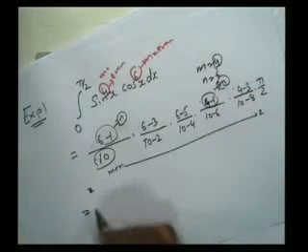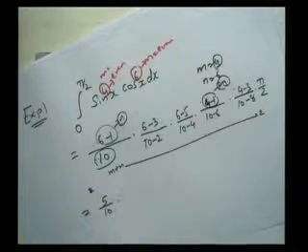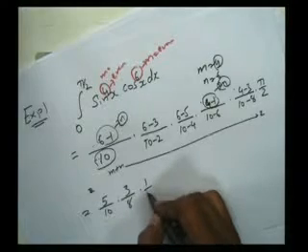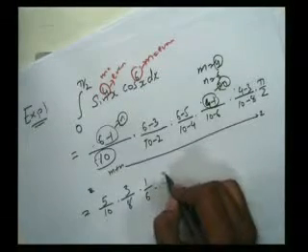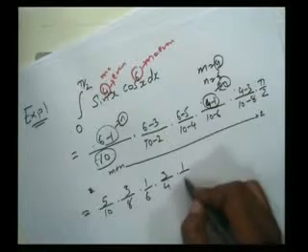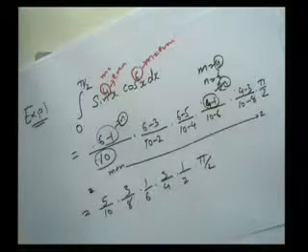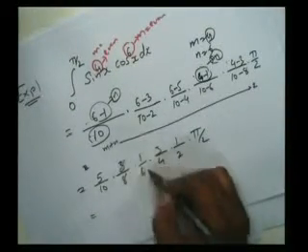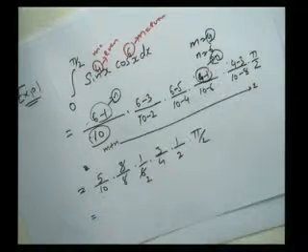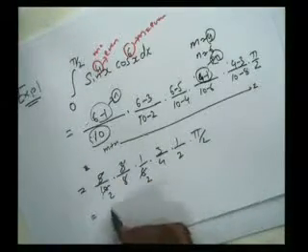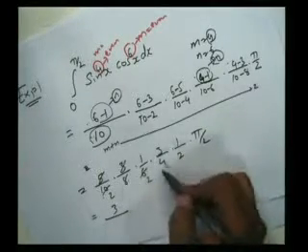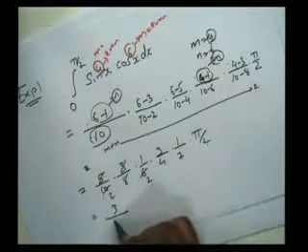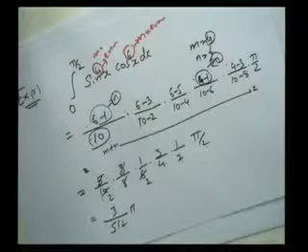This way we got 5 by 10 into 3 by 8, 1 by 6, 3 by 4, 1 by 2 into pi by 2, equal to 3 by 512 into pi by 2.